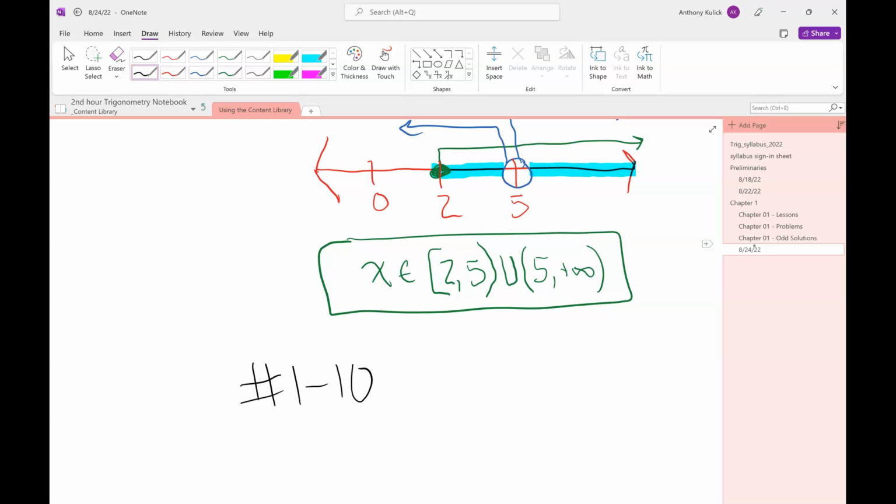So I want to make sure there's a time in class where you can ask questions about things before I expect things done. Everybody's cool? Where do we turn in Sunday's problem set? Current homework tab on OneNote. You can write it in with your stylus or you can write it by hand and take a picture. Either is okay. 1 through 10.